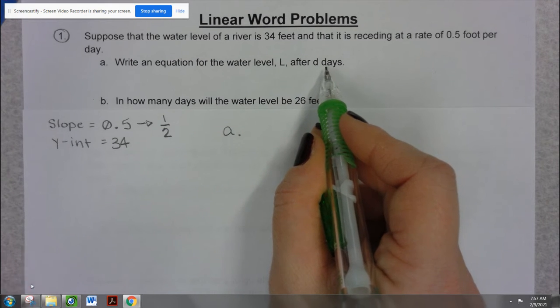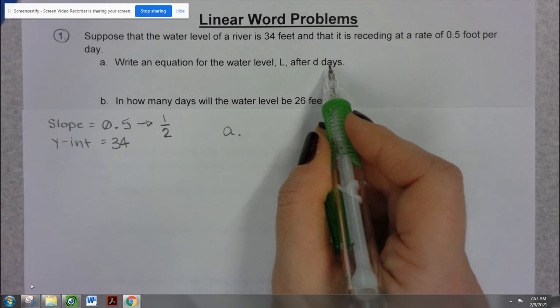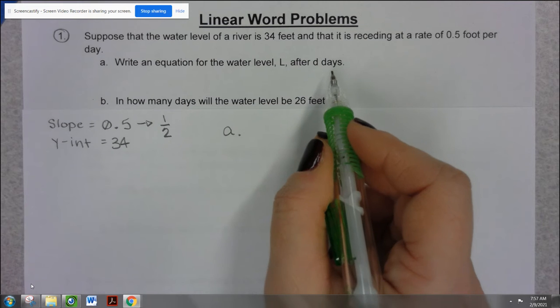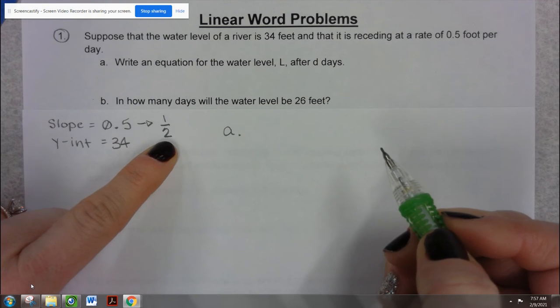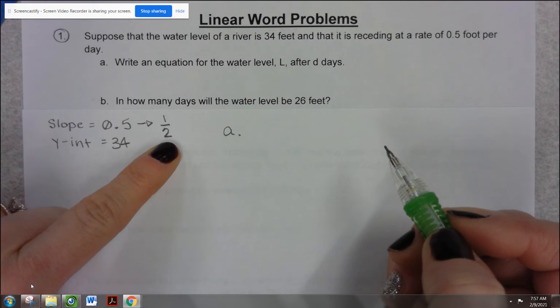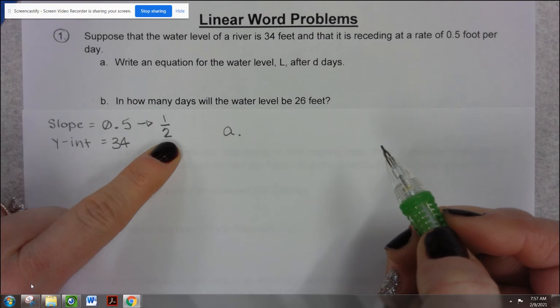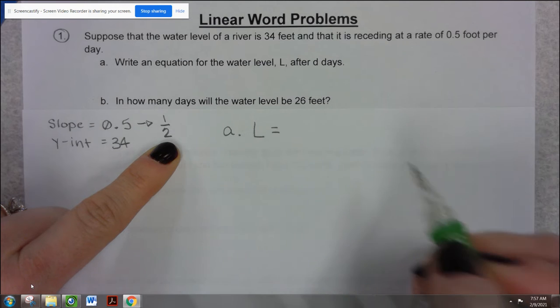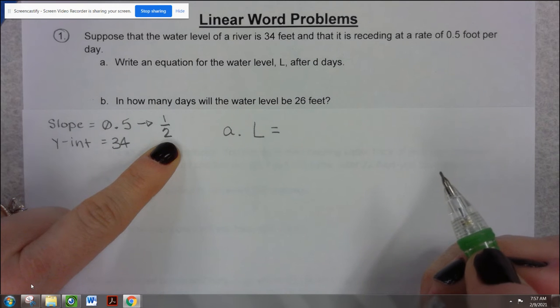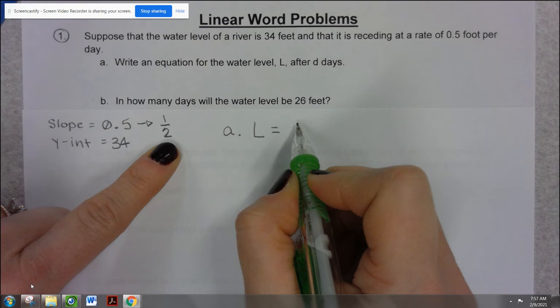The slope is a certain amount of water measurement per day, so that tells me after a certain number of days, the slope will have changed my water level that much. So L is my dependent variable because the water level depends on how many days have gone by.